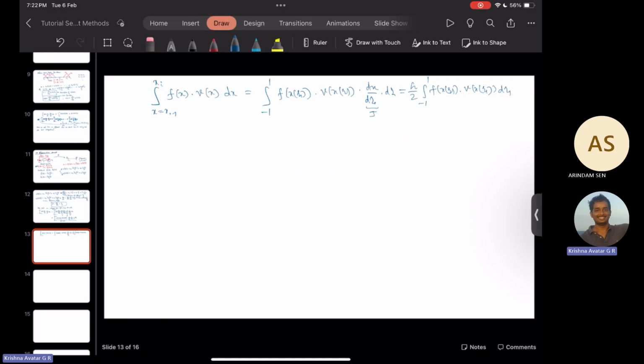So what we have been able to do is construct, or create, a template to find general integrals.